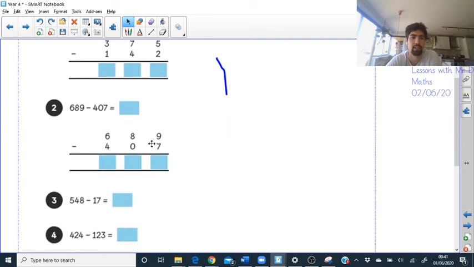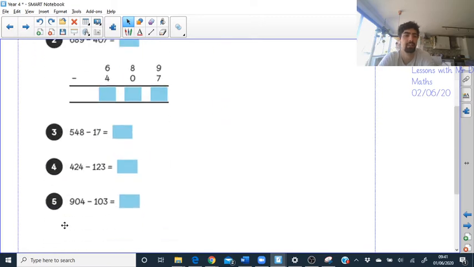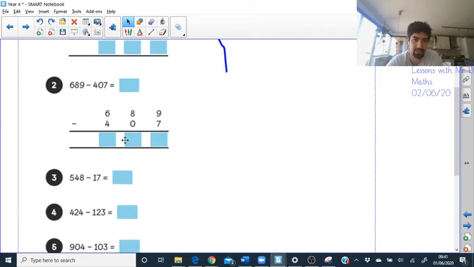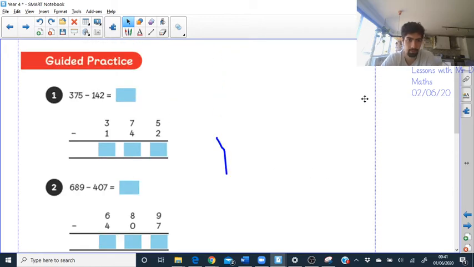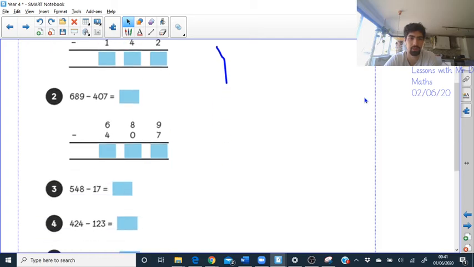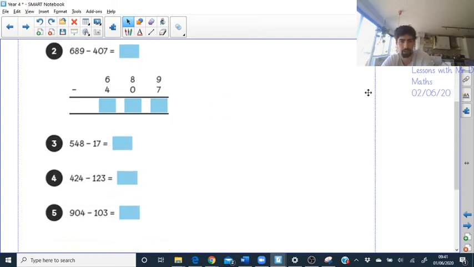There's 2 to do there. Pause those and do those ones, and there's 3 here that you could set out yourself, see if you can still set them out in those nice column methods. Have a go and do same method as well. Have a go at those 5 questions, those 2, those 3.